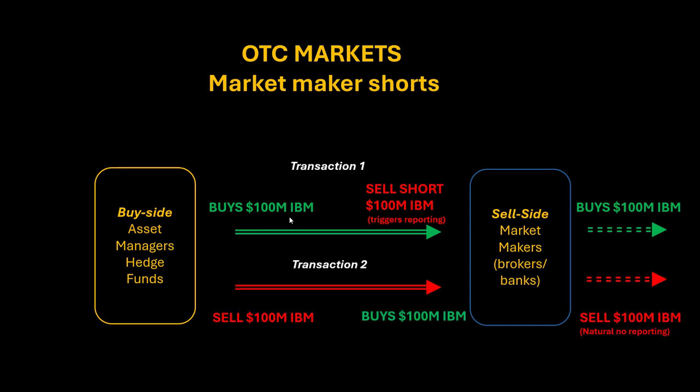The second case is the buy side is selling. So they're selling 100 million, and in this case, the market makers are buying from them and immediately selling it to some other counterparty.